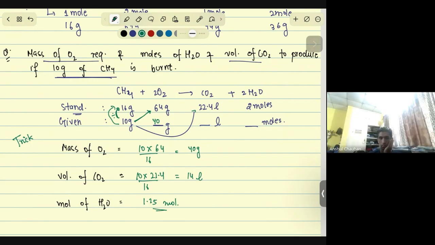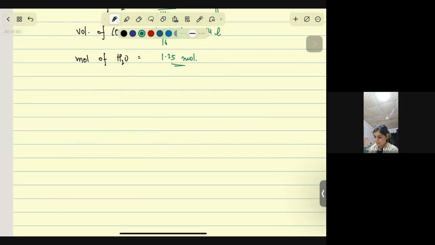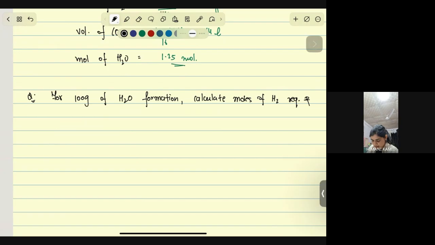Now we will do one more question. For 100 gram of H2O formation, calculate the moles of H2 required and the volume of O2 required. First we will write the equation, which is 2H2 plus O2 gives 2H2O.